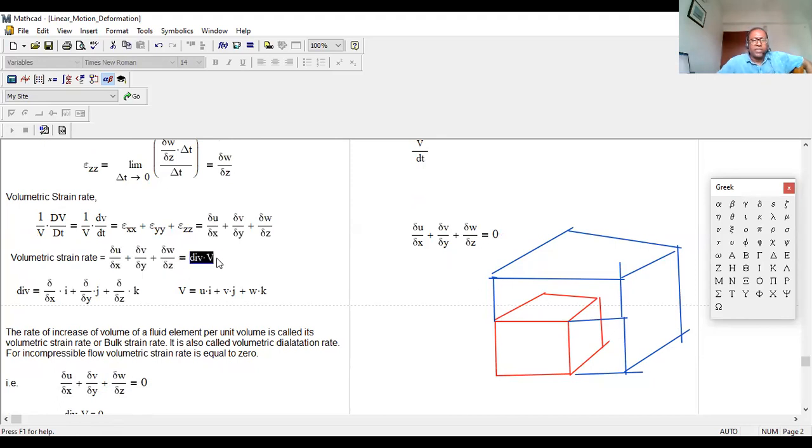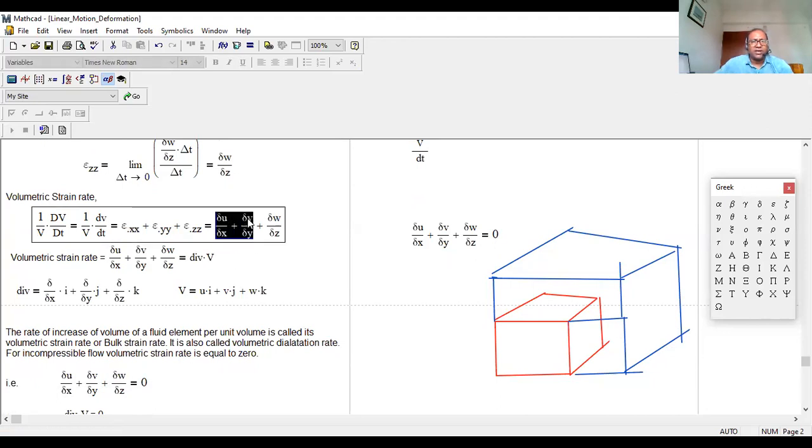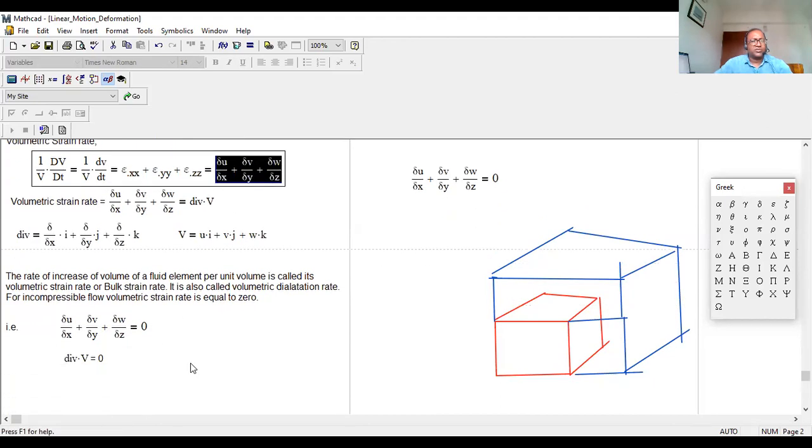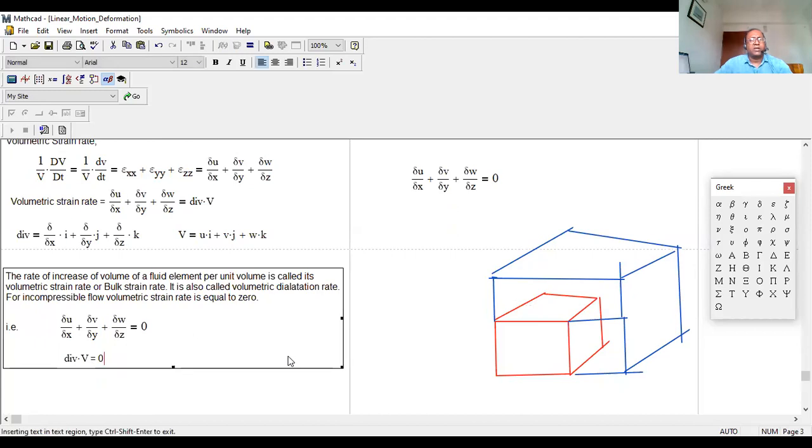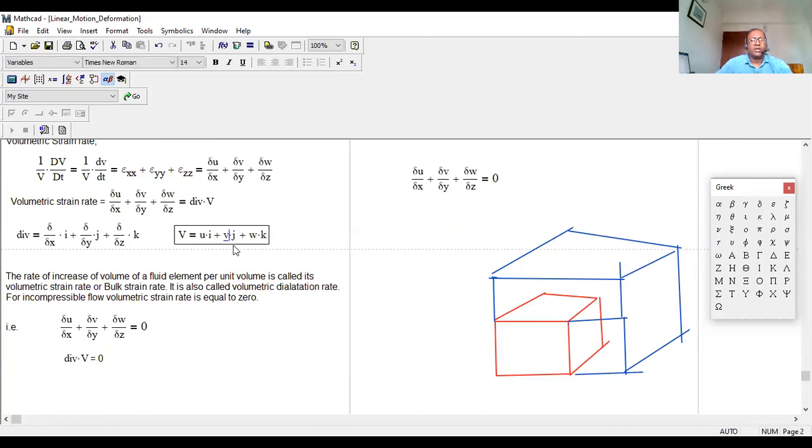So for incompressible flow, the volume is not changing, right? In that case, what will happen? This term will be 0, so we can put 0. That means divergence equals 0. So if I give you some equations of u, v, w and you check it, how can we figure out whether the flow is compressible or incompressible?